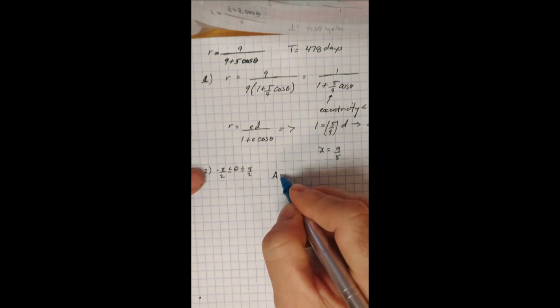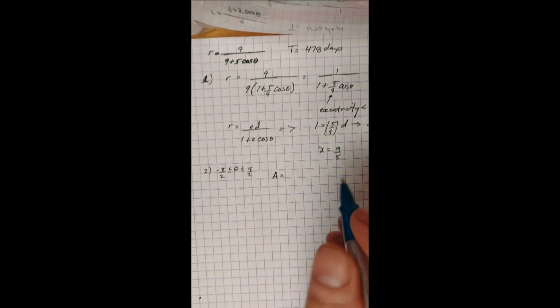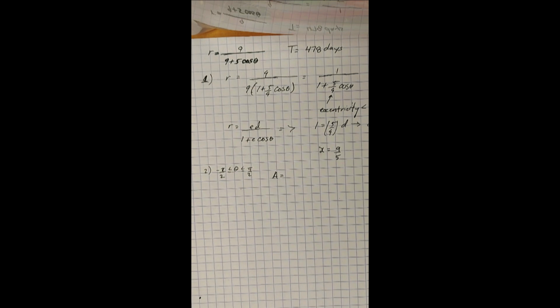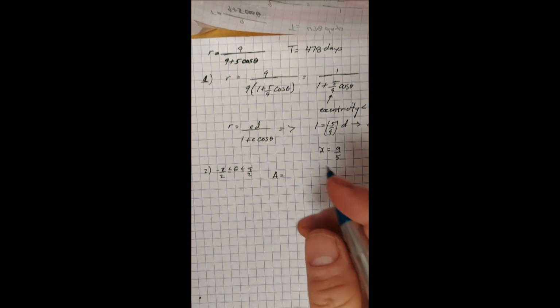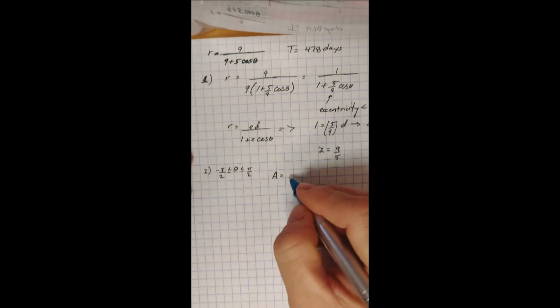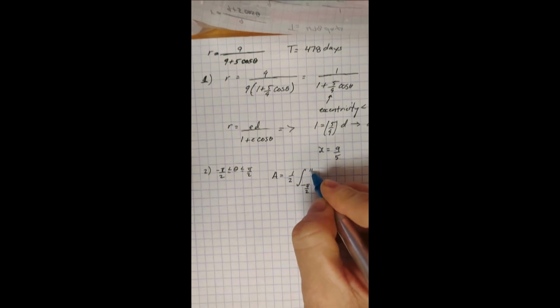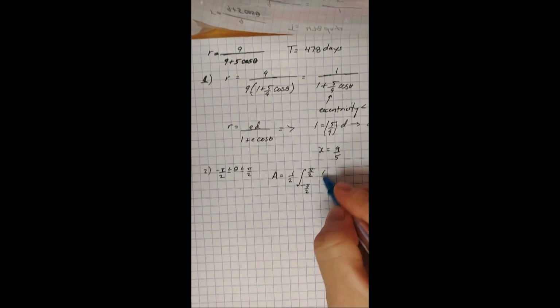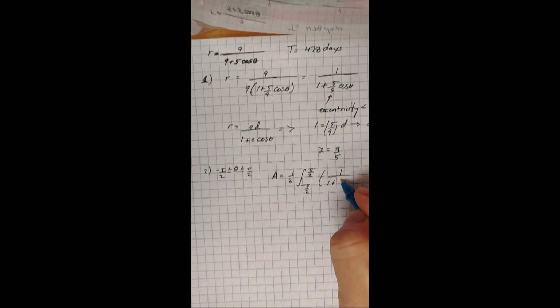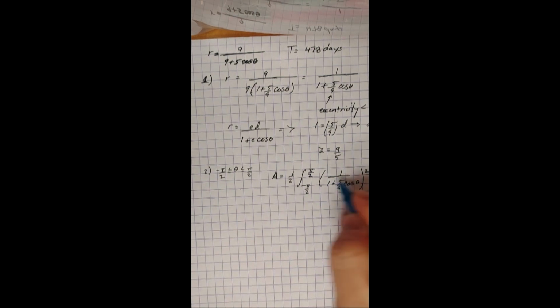We'll use this calculation from number 2, and it looks like the last problem, number 6. Okay, so the area is equal to 1/2 integral from negative pi over 2 to pi over 2 of 1 over (1 plus 5 over 9 cosine theta) squared, d theta.